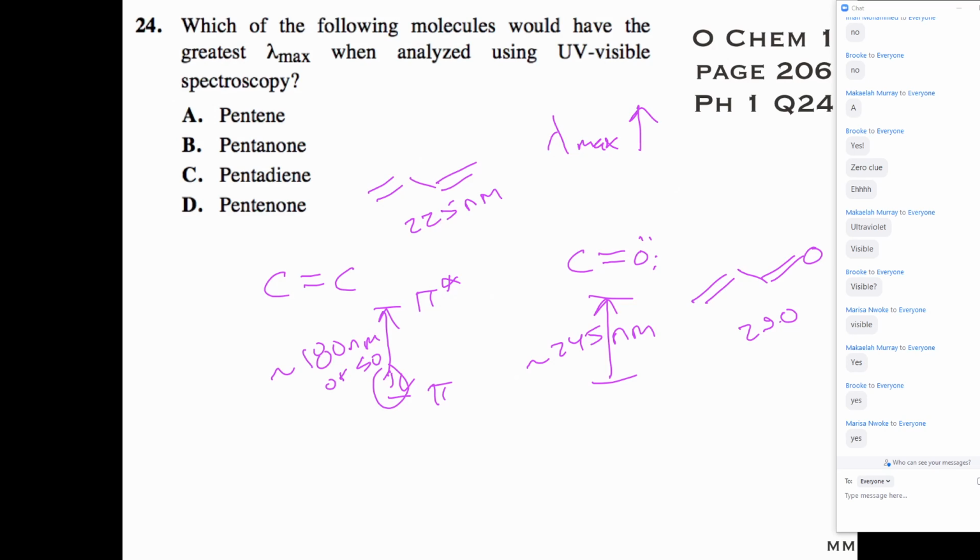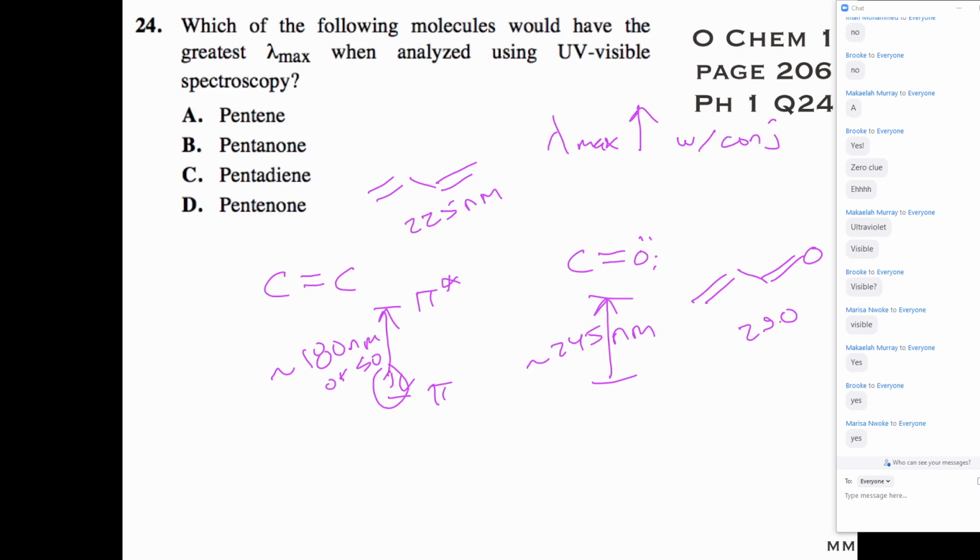So just numerically looking, even though I may not be exact on the numbers, you agree as I add in conjugation, is the lambda max getting larger? Is it going from 180 to 225, 270, and so forth? Sure, lambda max goes up with conjugation.